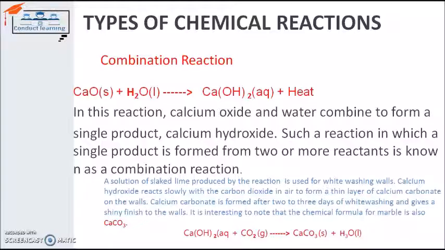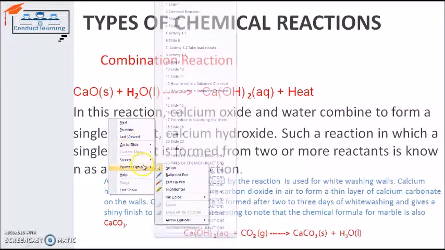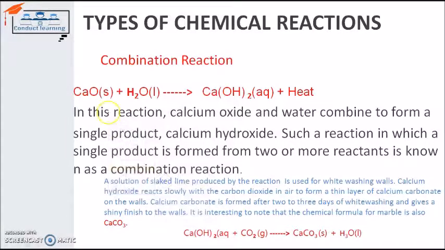This is a combination reaction which happens inside the beaker, because the beaker first contains calcium oxide. Calcium oxide is a combination of two different elements, calcium and oxygen, and it is added with water, whose formula is H2O. It is a combination of two different elements, hydrogen and oxygen. So we are adding water to the calcium oxide, and it gives us a single product on the product side of the chemical equation.